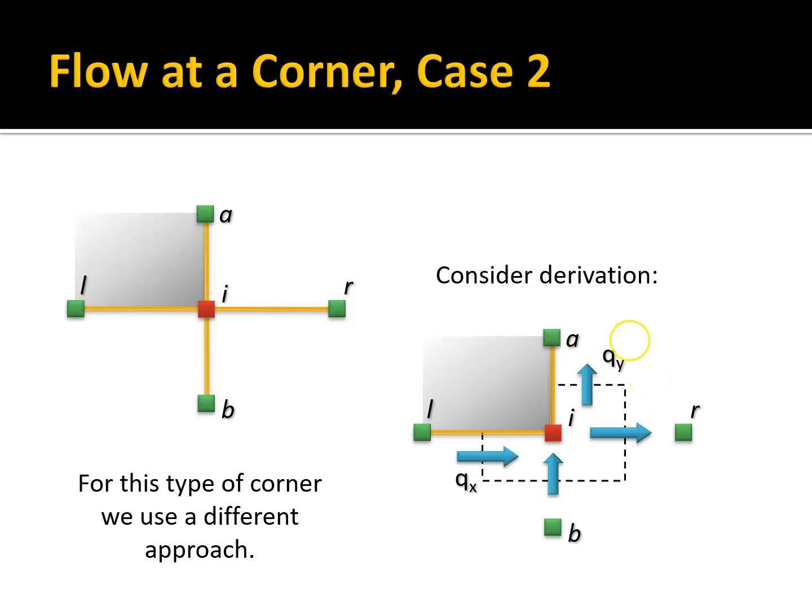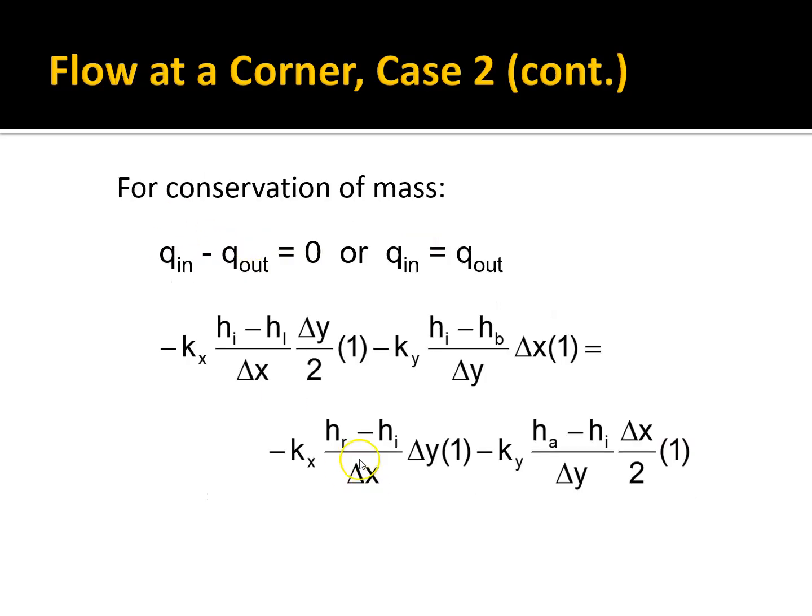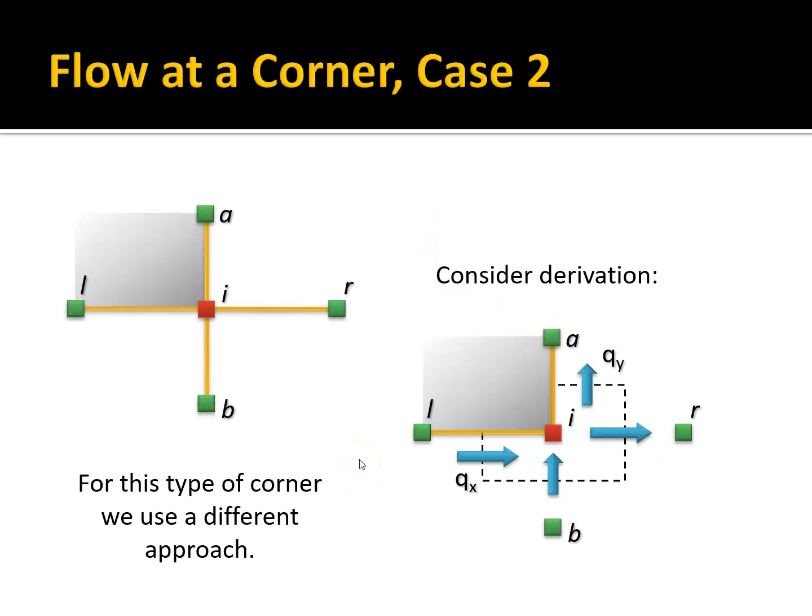And therefore, instead of simply substituting imaginary nodes in the equation, we're going to do this one using Darcy's law. And so the flow in is the q left plus q bottom. So the flow into this is this flow plus this flow.